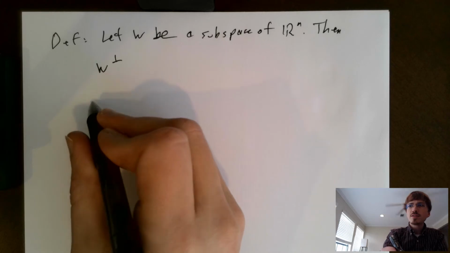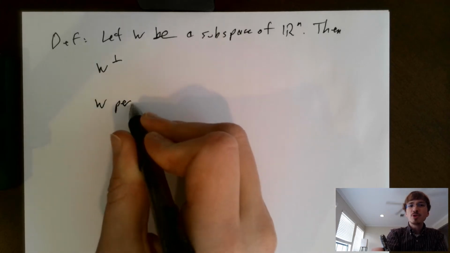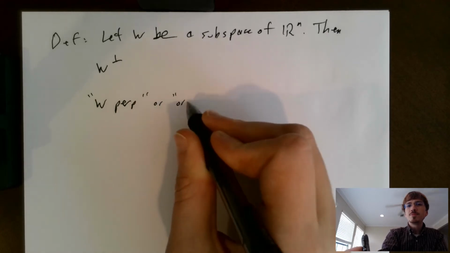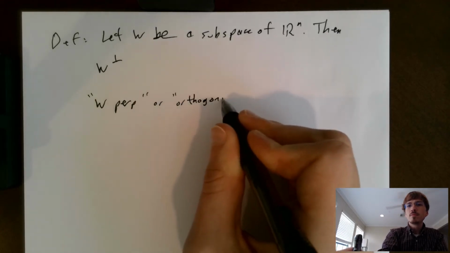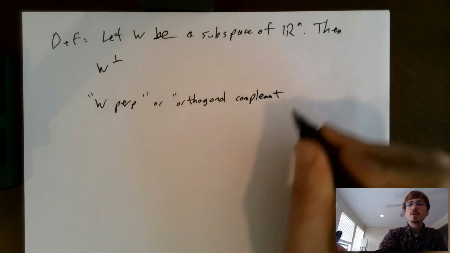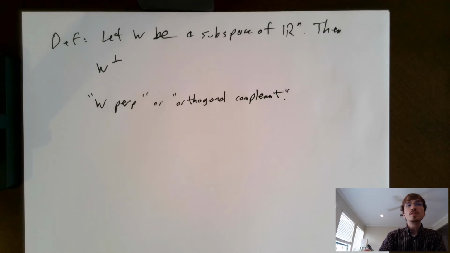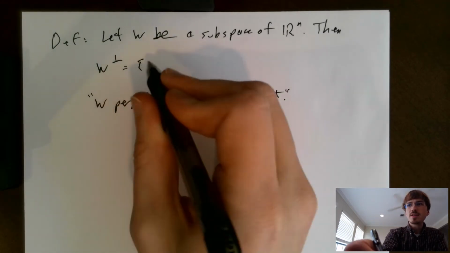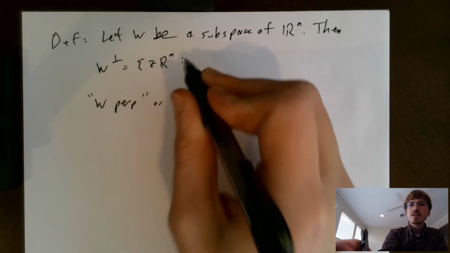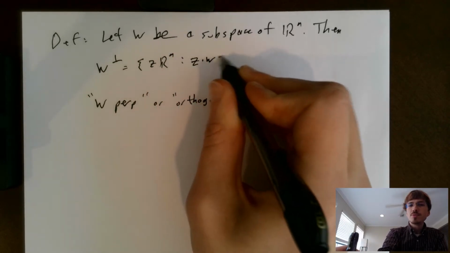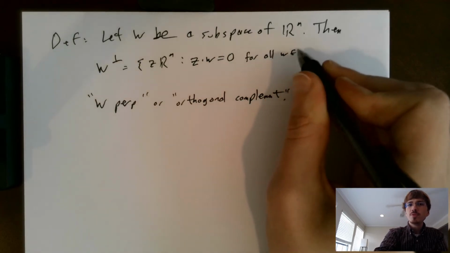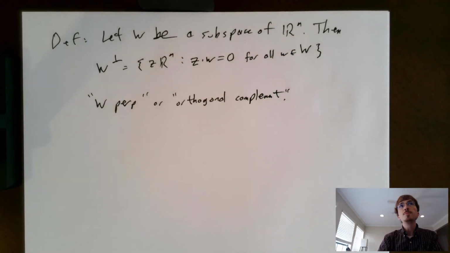I usually call it W perp, or the orthogonal complement. We can define W perp as the set of all vectors z in Rn such that z dot w is equal to 0 for all w in the subspace big W.